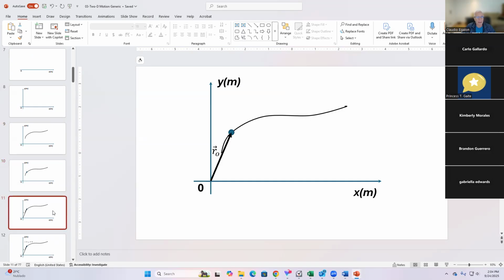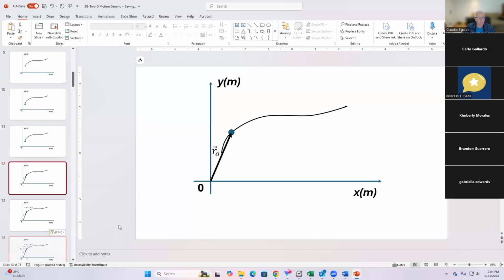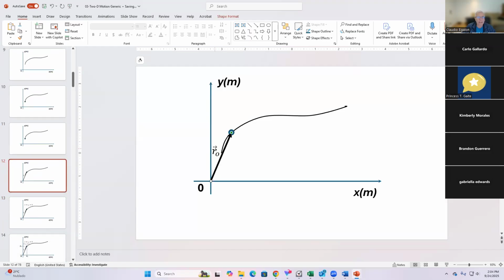Let's say I call this point the initial position of my object. I'm going to be more explicit here. I'm going to put it right here, which, like I said before, is my t equal to 0, the initial position of my object at t equal to 0.